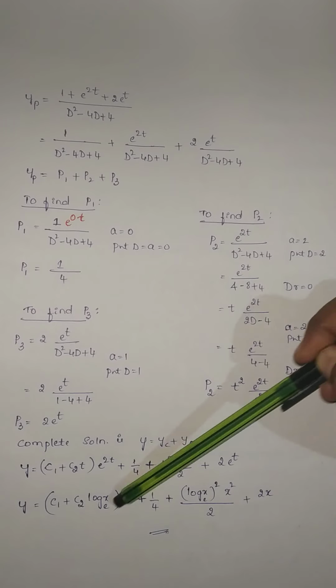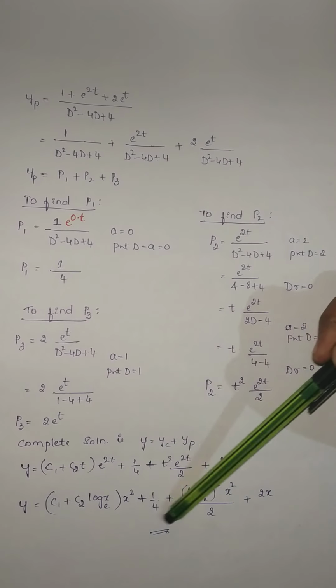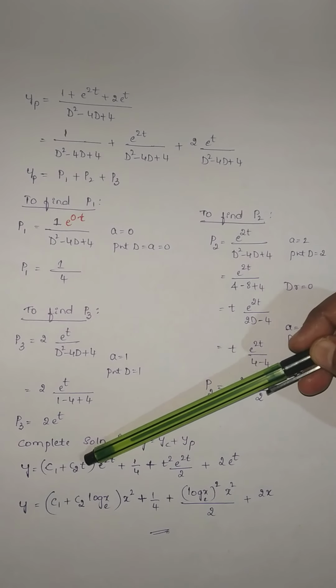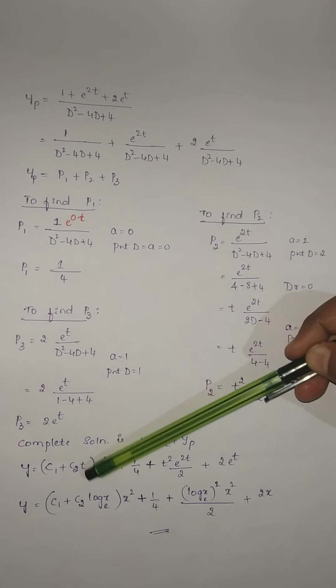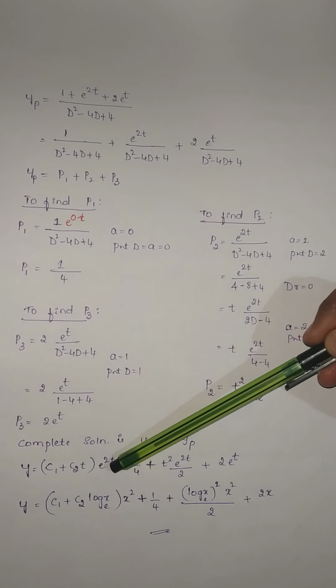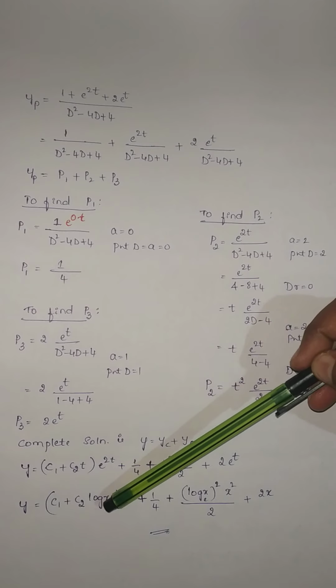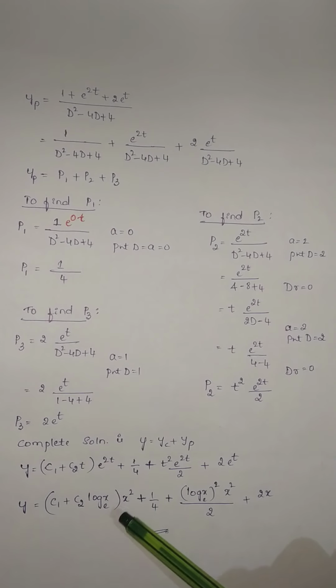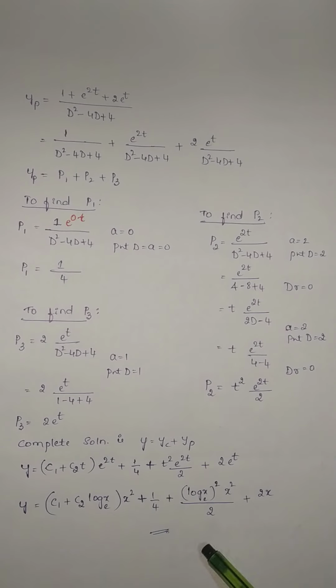Then in the second line you write the complete solution in terms of x, meaning in the beginning what substitution you have taken, t = log x and x = e^t. So in the place of t you write log x, and in the place of e^t you take x. Write the complete solution.